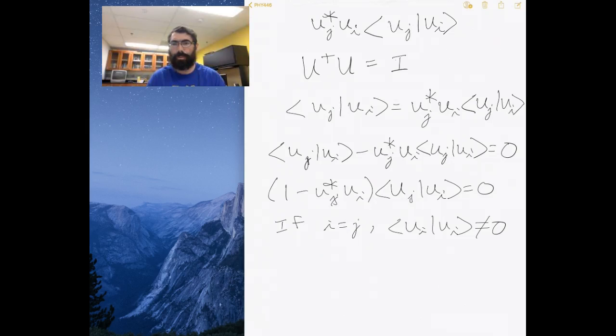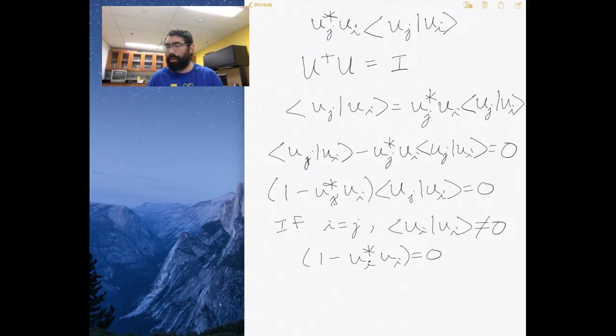In that case, the parentheses is equal to 0. Actually, I should go back and change this because i is equal to j.